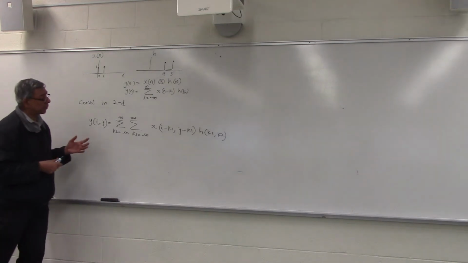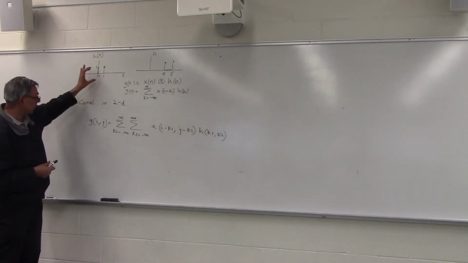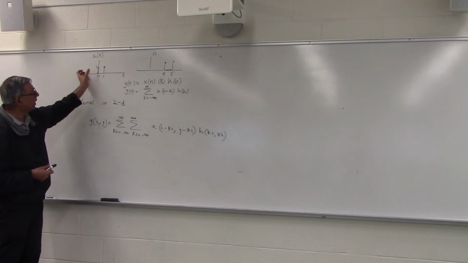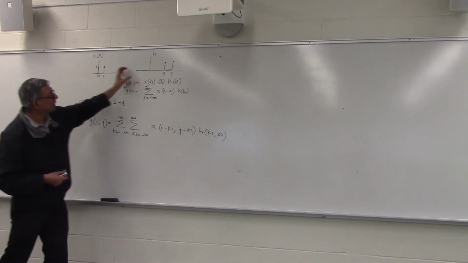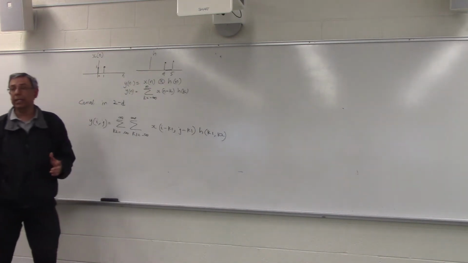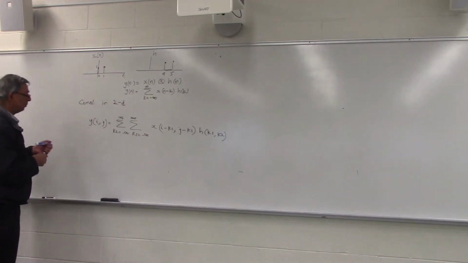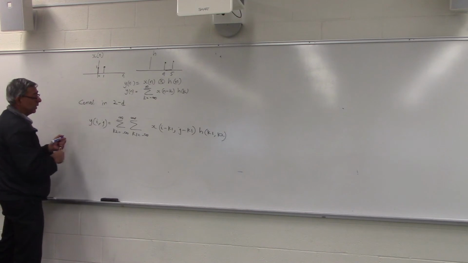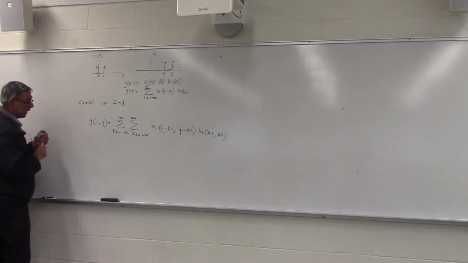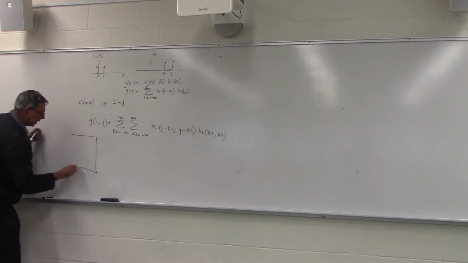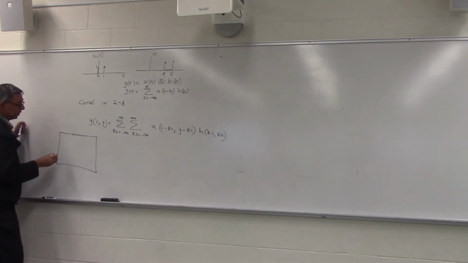Just like the key idea once again was flip it, slide it, multiply, and accumulate. So if we have images over here, let me show you in terms of images what convolution means. Let's say we have a grayscale image, right?